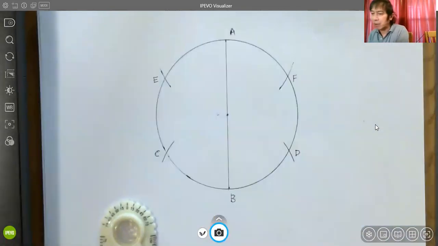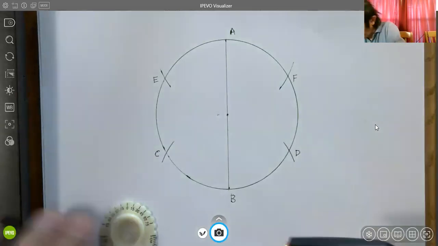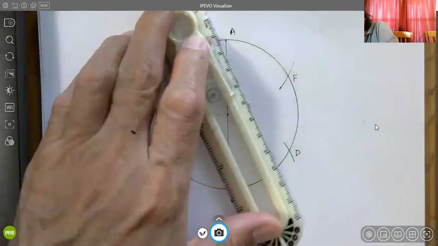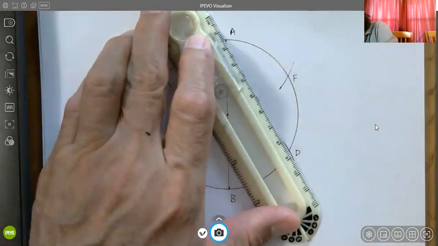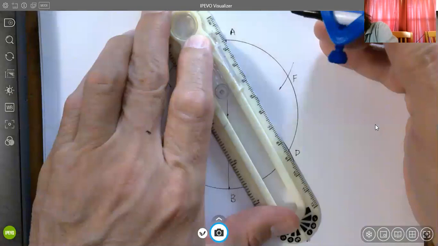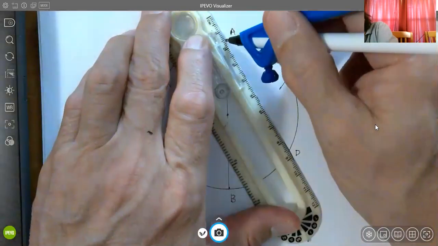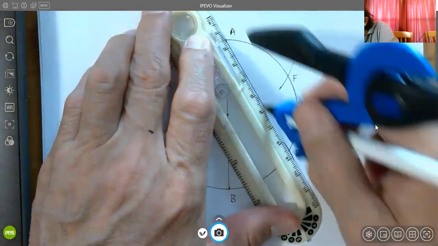All right. Now, let's choose an equilateral triangle whose apex is at A. So we're going to construct the triangle ACD. We will connect A and D. Just be careful with your points there.